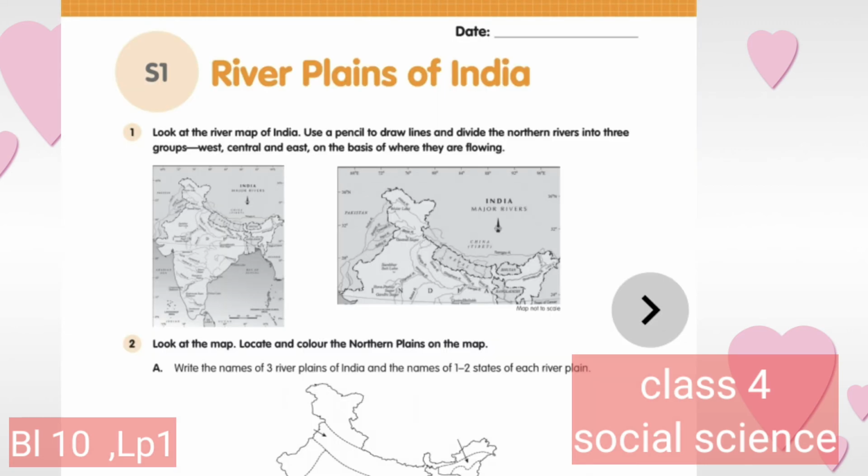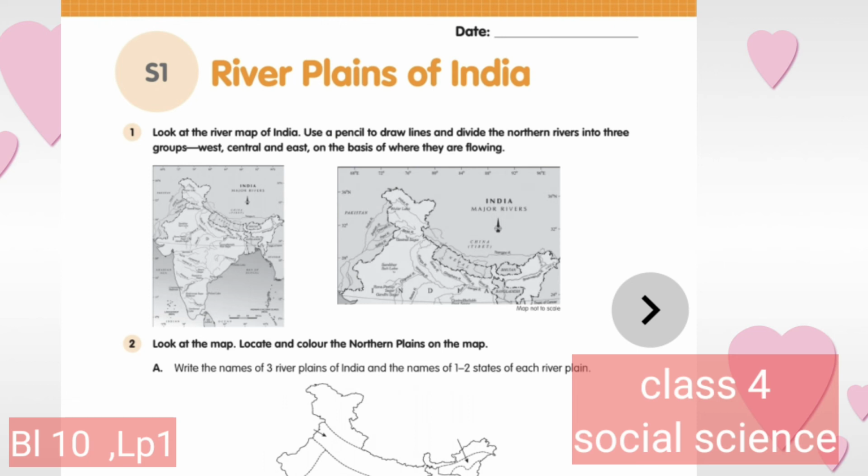Okay, so rivers are very important, and also we have studied which are the main rivers that flow through the northern plain. I hope you understood it. Now let us discuss S1 from your workbook. Question: look at the river map of India.